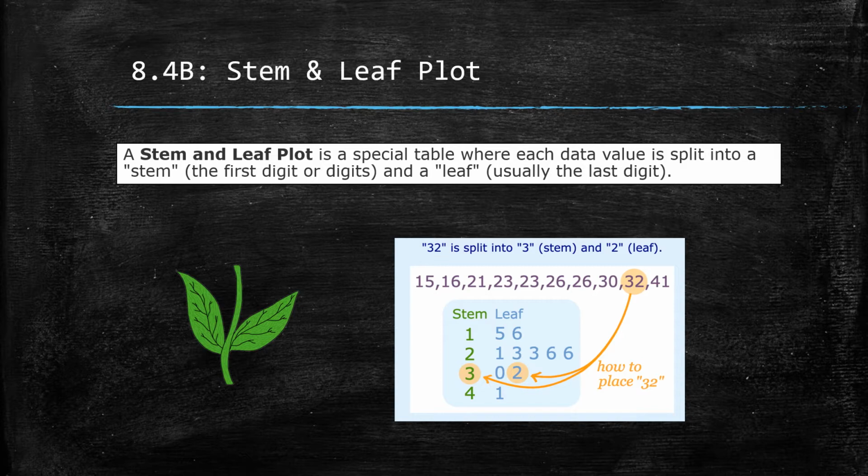The 3 would become my stem, that's the first digit, and it represents the tens digit. And the leaf would be the 2, that second digit or the last digit, and that would represent the ones digit. So you can see here that I have a place where I wrote down stems and I wrote down leaves, and I split those values up.